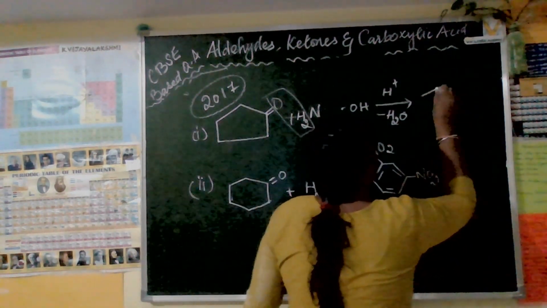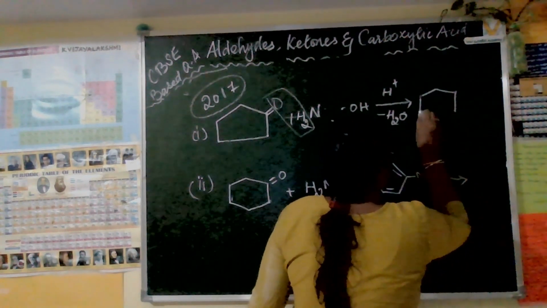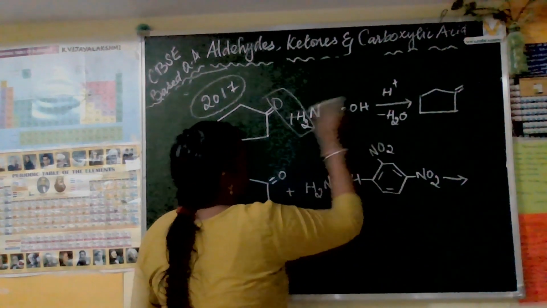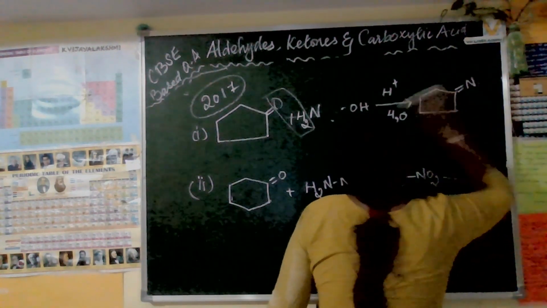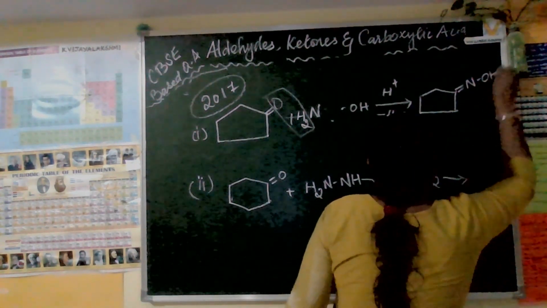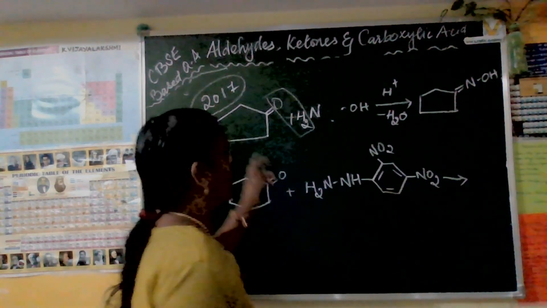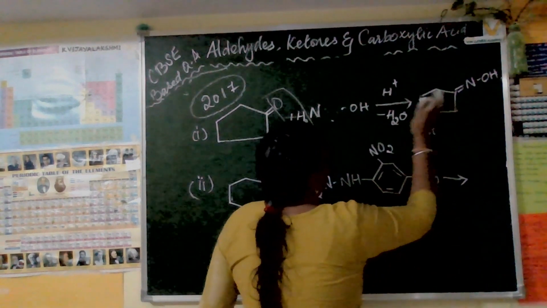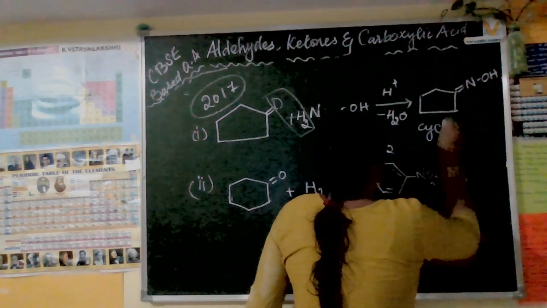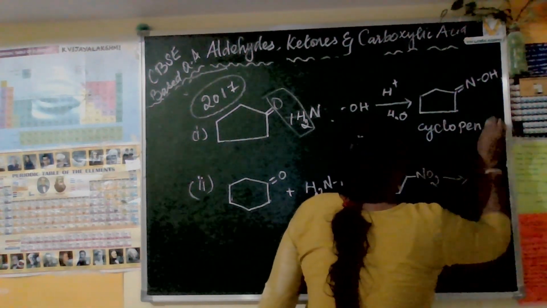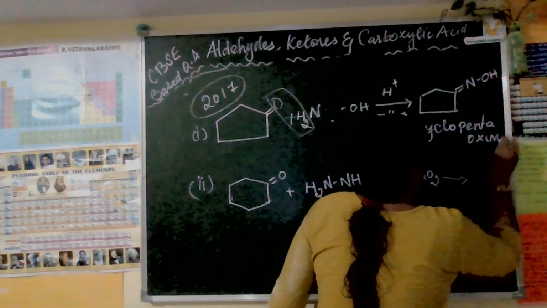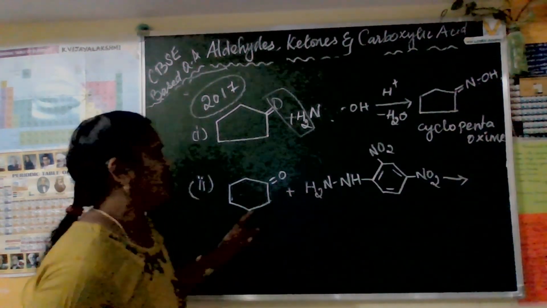You will get the same kind of oxime product, with C=N-OH. It is cyclopentanone oxime.